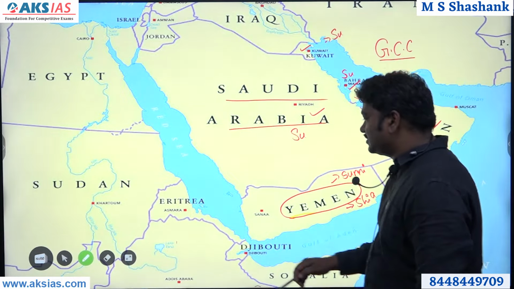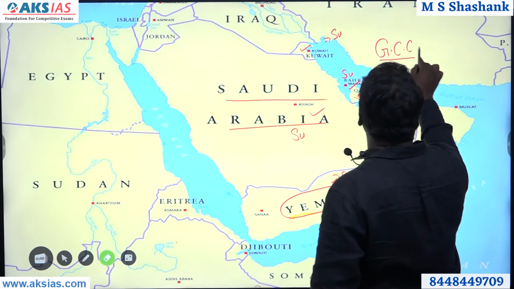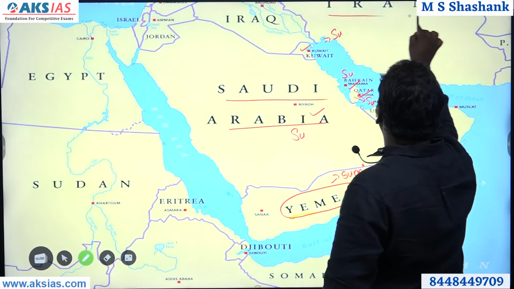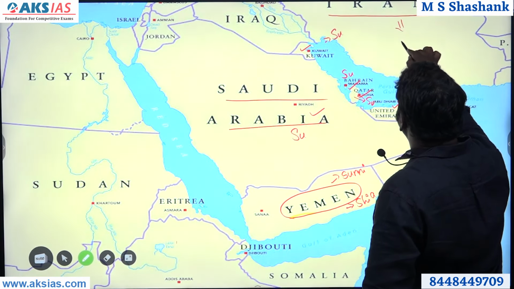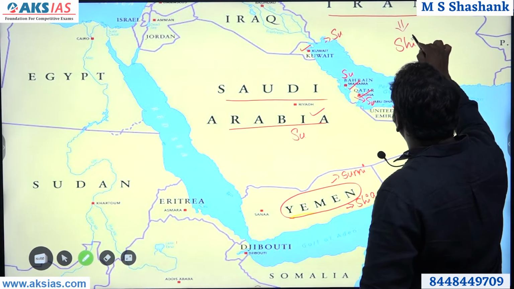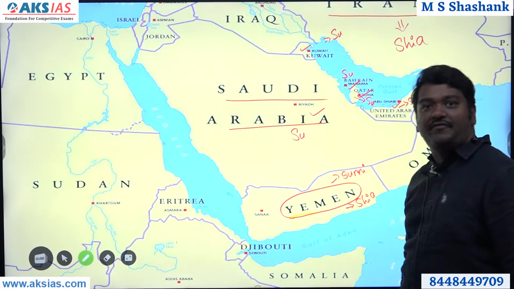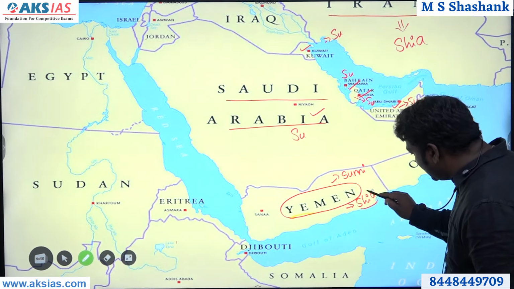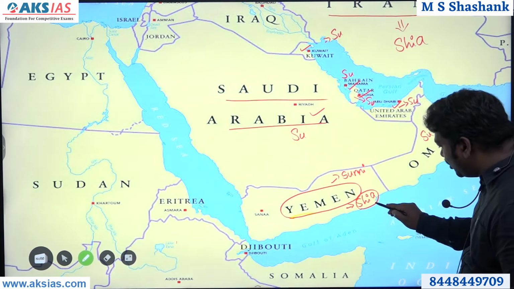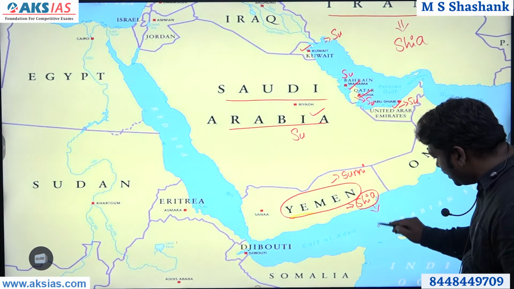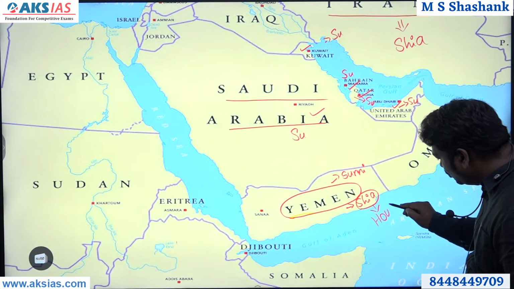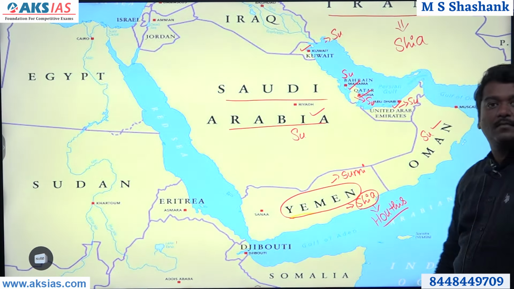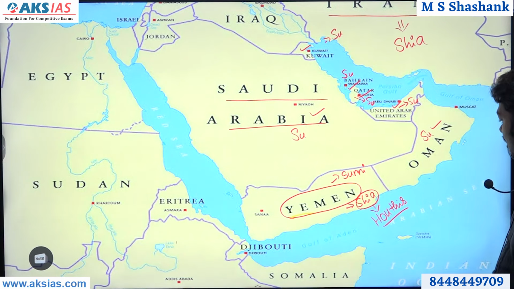Now comes another interesting country, that is your Iran. It is Shia dominant and it is a leader of Shia. Now it is believed in Yemen you have a Shia group called the Houthis.